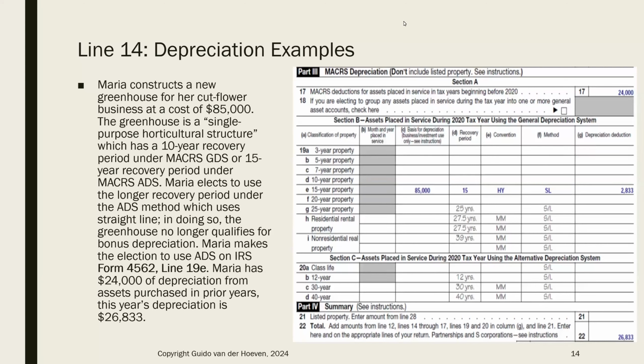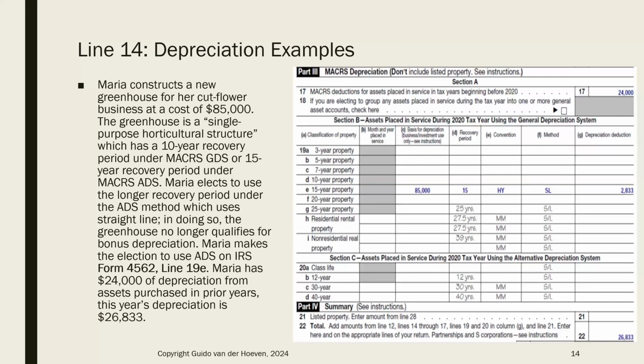What I want to do is feather that out a little bit more. So I'm going to elect ADS, the Alternative Depreciation System, as opposed to the General Depreciation System, and I'm going to do it over 15 years.